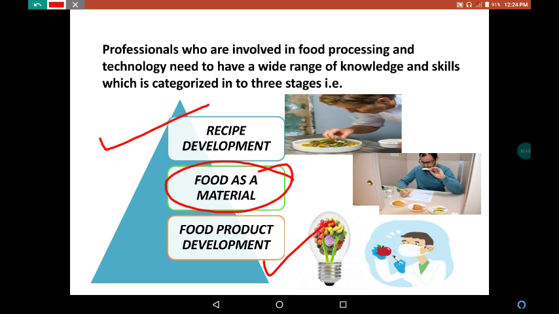These are 3 categories required for the development of a professional who wants to go into food processing and technology units.